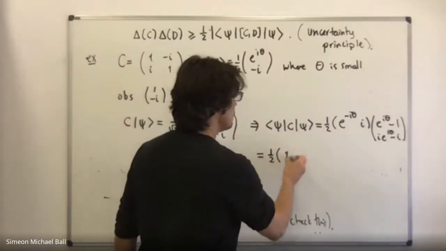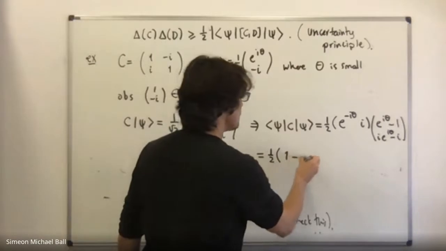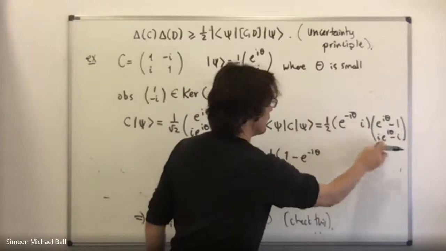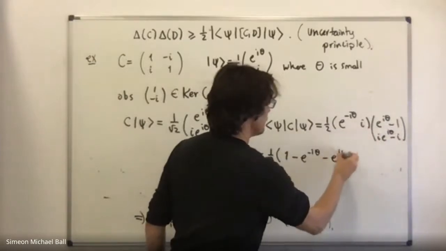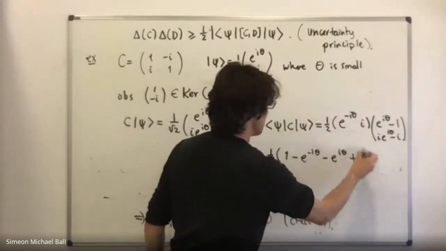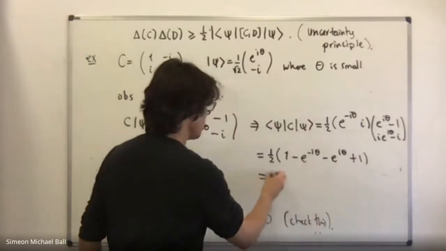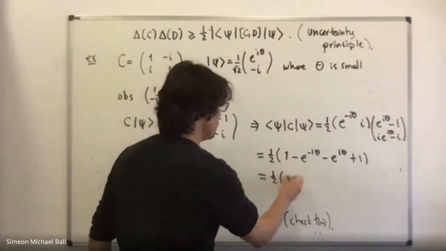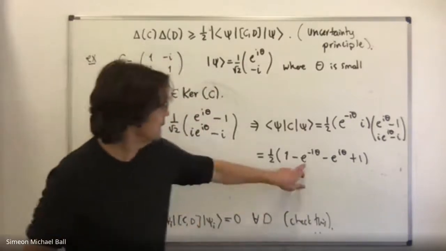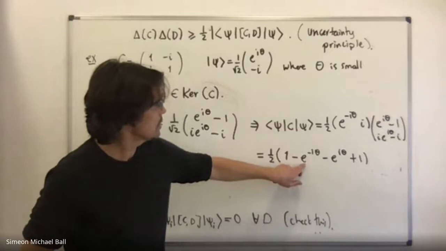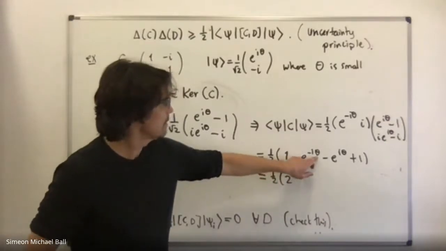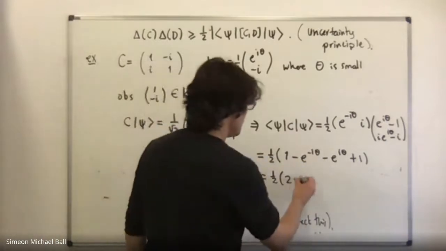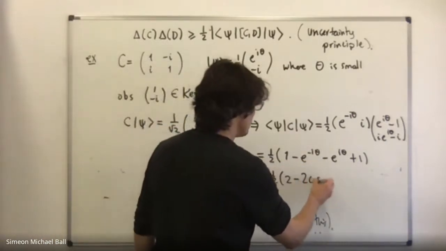So that's 1 minus e to the minus I theta. And then I down here, minus e to the I theta, minus I squared, which is plus 1. So I get 1/2 of 2. And here, this is cosine theta minus I sine theta, this is cosine theta plus I sine theta, so I get minus 2 cosine theta.